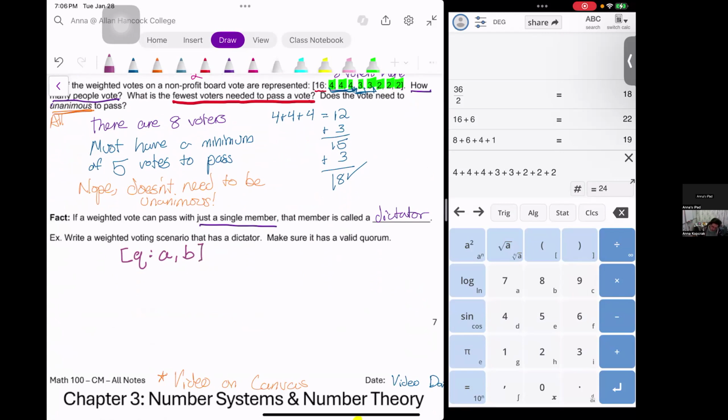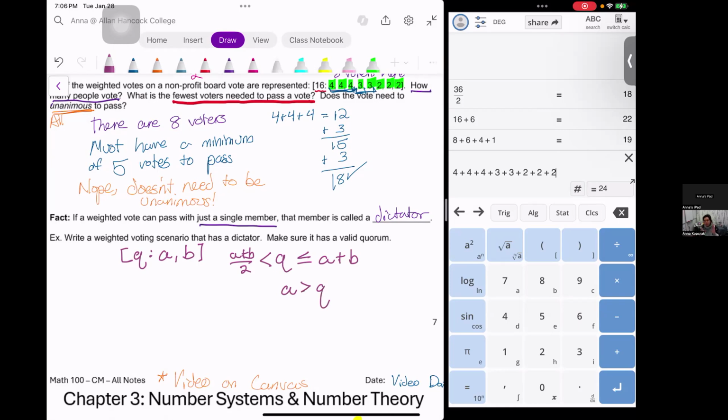I do know that my quorum must be bigger than A plus B divided by 2. I know that. And it must be less than or equal to A plus B, right? But I also know that A alone has to be bigger than my quorum.